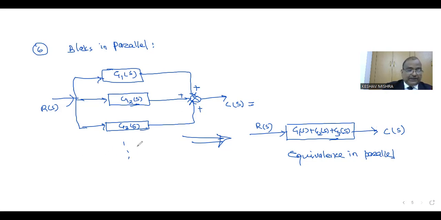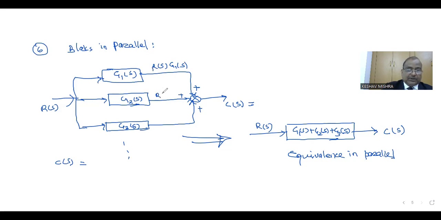We can also verify this. The final output is Cs at this summing point. This Cs is the combination of outputs coming from here. At this stage, the output is input signal Rs multiplied by its transfer function G1s.